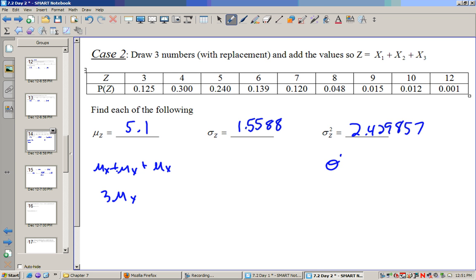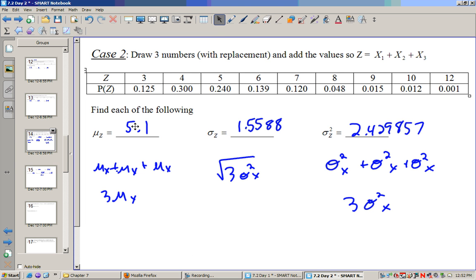My variance, I take my variance of x plus my variance of x plus my variance of x, add them up, that's 3 times my variance of x. Now to get my standard deviation, what I have to do is take this thing and square root it. So the square root of 3 times my variance will give me my standard deviation, which is the same thing as square root of 3 times my previous standard deviation.